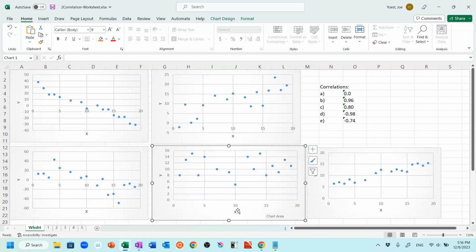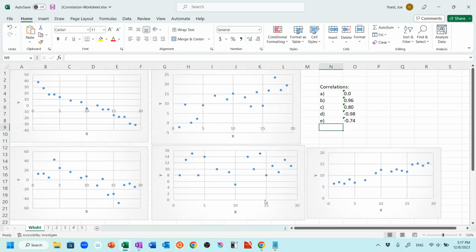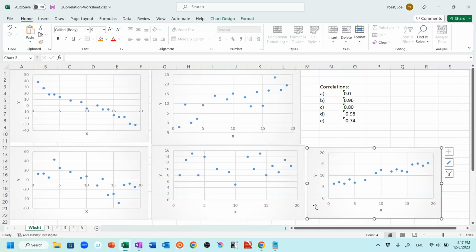Or another way of saying that is, if I knew that x was higher than typical, say to the right of 10, that really wouldn't restrict the possible values for y at all. Or if I knew that x was to the left of 10, that also really wouldn't restrict where I'm likely to find y values. So I think that bottom center is going to be the correlation of 0. The two positive correlations are going to be top center and bottom right.